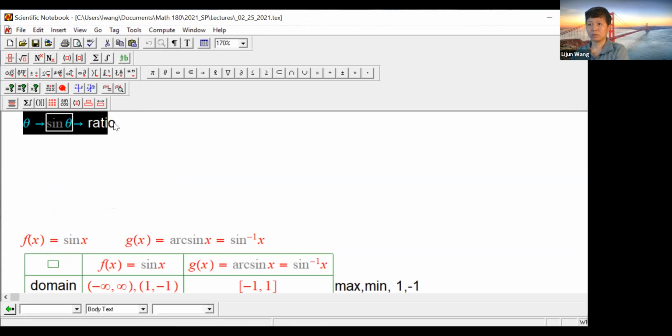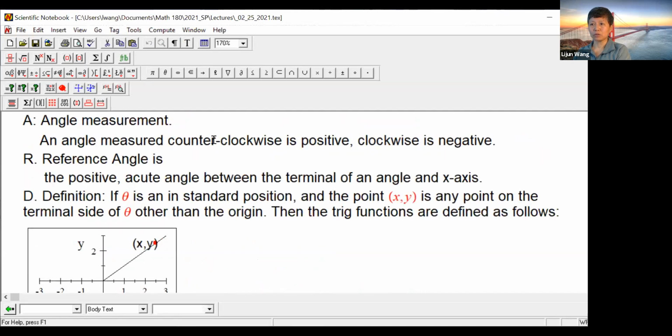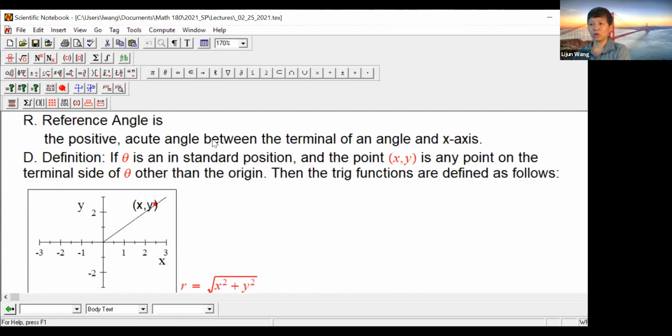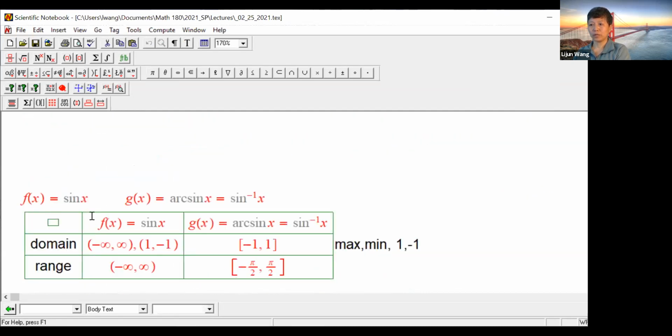This ratio, what is this ratio? This ratio for sine is y over r. From this definition, you should be able to figure out what is a domain and what is a range.